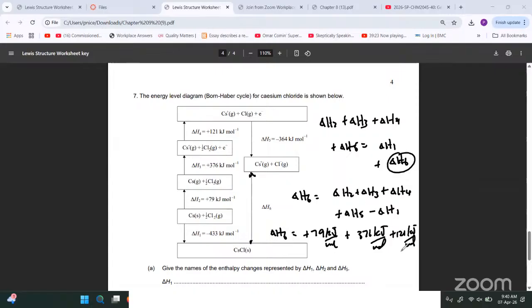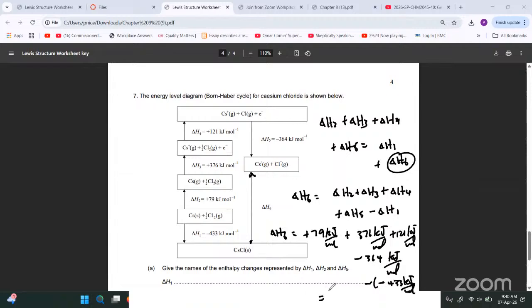And then delta H5, which will be minus 364 kilojoules per mole. And then now subtract delta H1, which is minus 433 kilojoules per mole. So that's basically the setup.